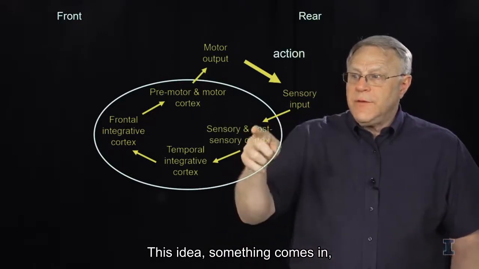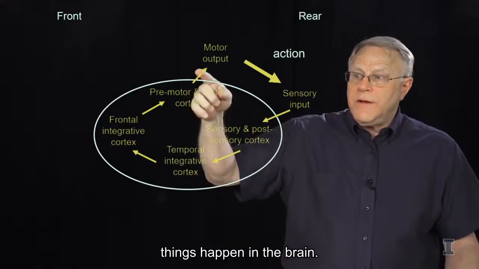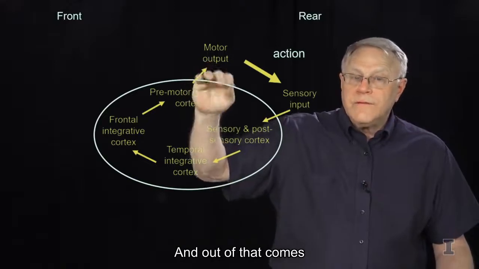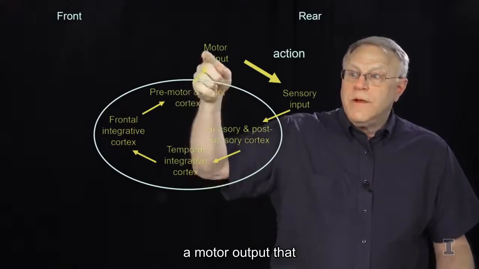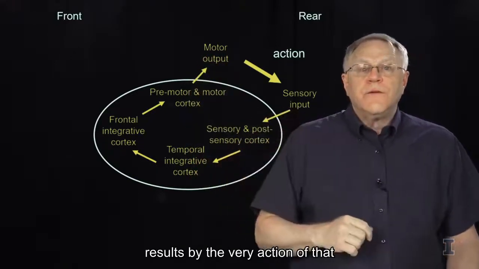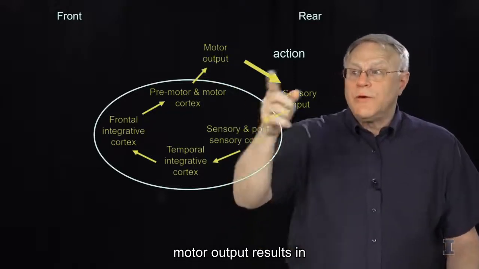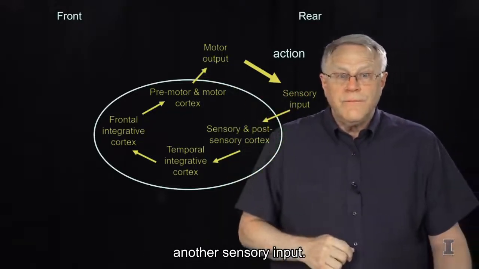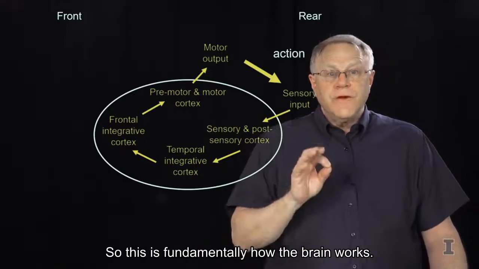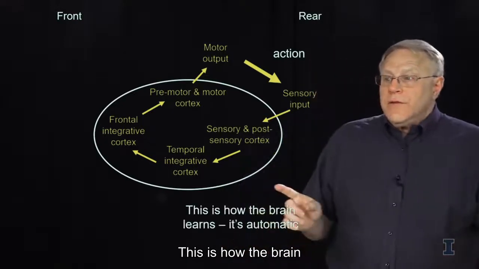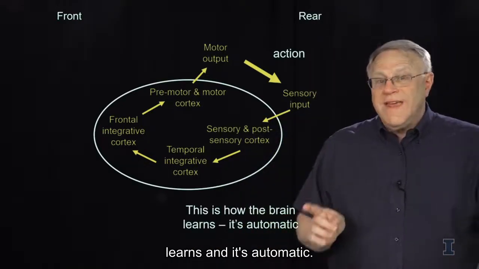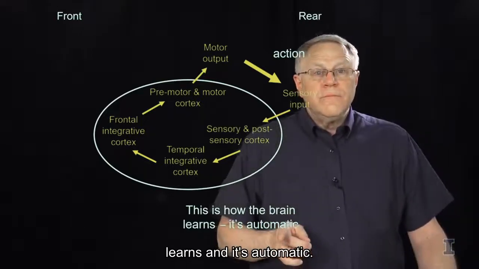This idea: something comes in, things happen in the brain, and out of that comes a motor output that results, by the very action of that motor output, in another sensory input. So this is fundamentally how the brain works. This is how the brain learns, and it's automatic.